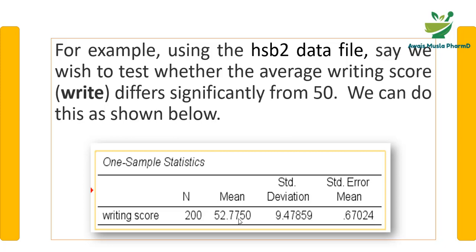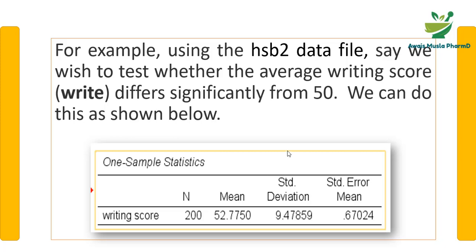We interpret that our mean is significantly higher, as the p-value is less than 0.05, so our mean is significantly higher than our hypothesized value.